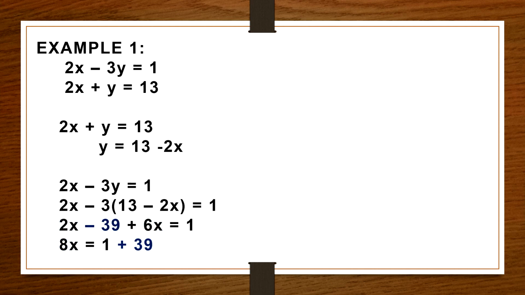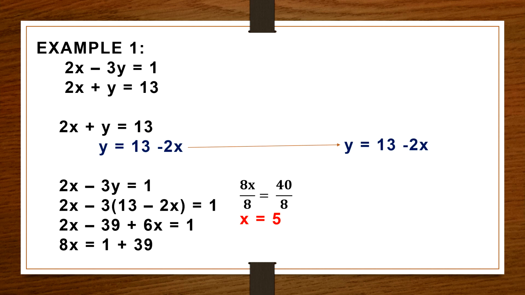Next, combine 1 and 39. 1 plus 39 is 40. Then divide both sides by 8. So 8x divided by 8 is x, and 40 divided by 8 is positive 5. Next, substitute the value x equals 5 into y equals 13 minus 2x.